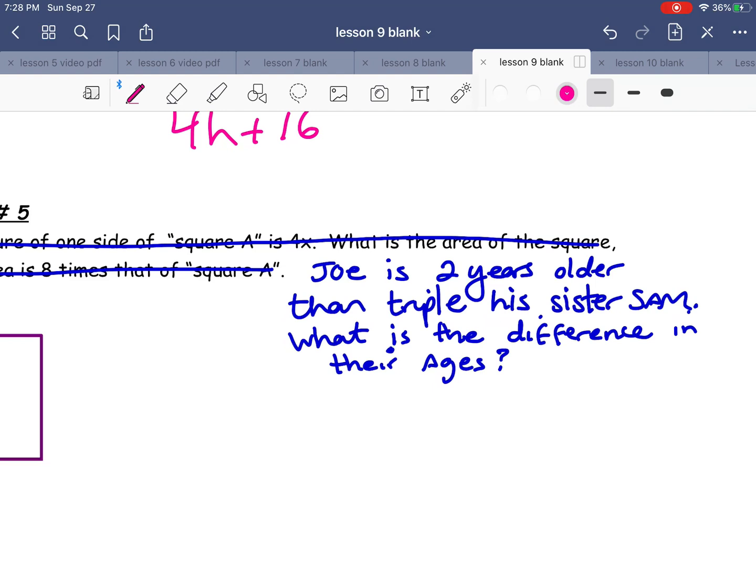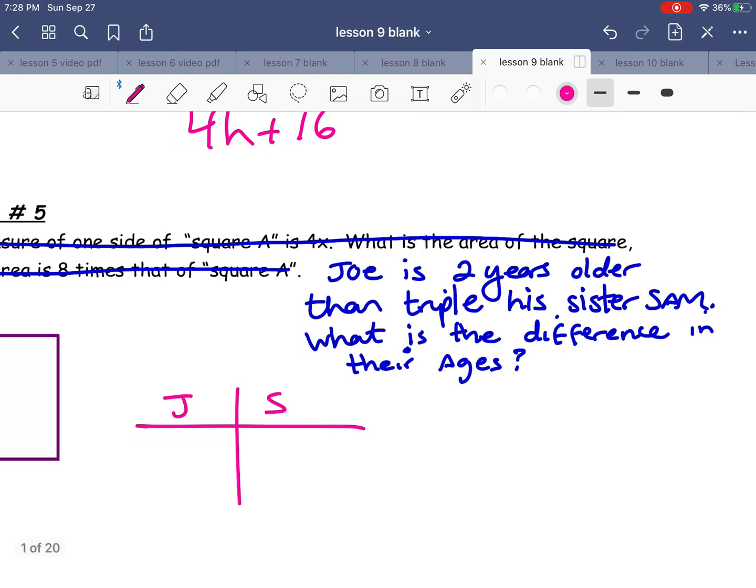So Joe is 2 years older than triple his sister's age. So step 1, what are they talking about? They're talking about 2 people's different ages. Step 2, make a chart. Joe and Sam. Joe is 2 years older than. So remember, stop reading after the word more than, greater than, less than. So under Joe, plus 2.